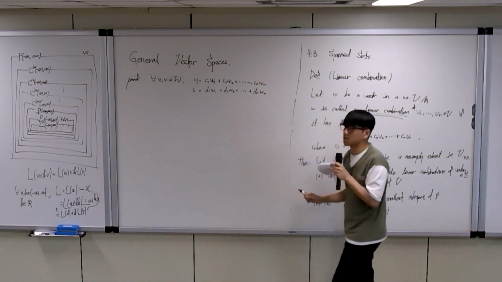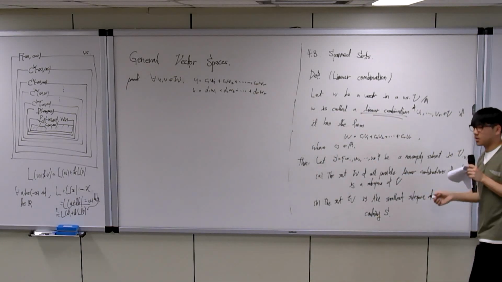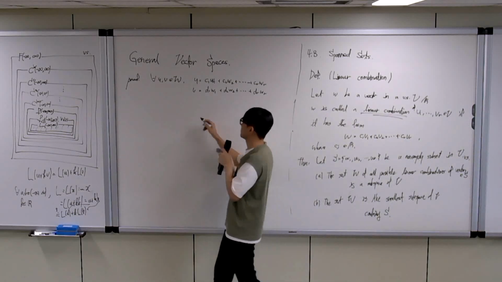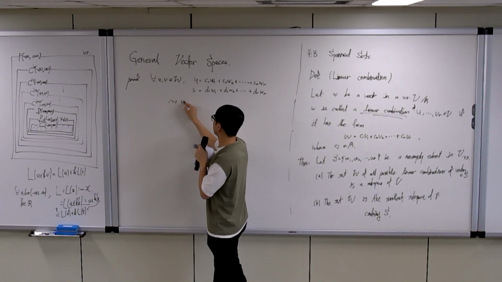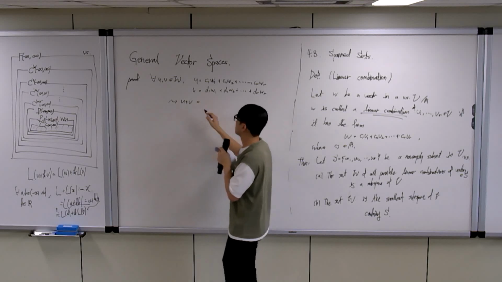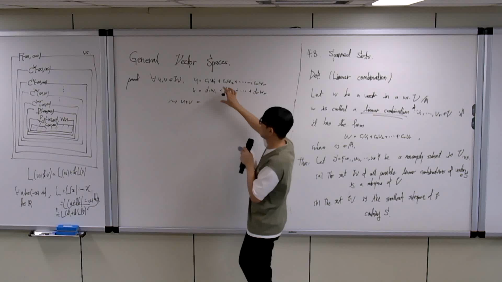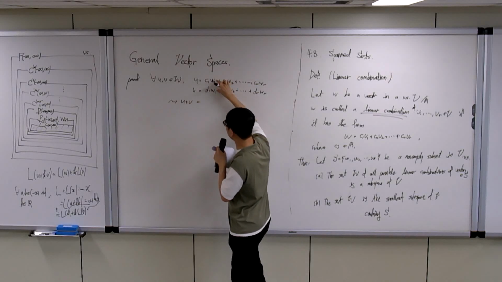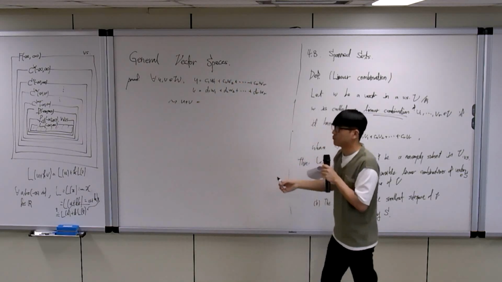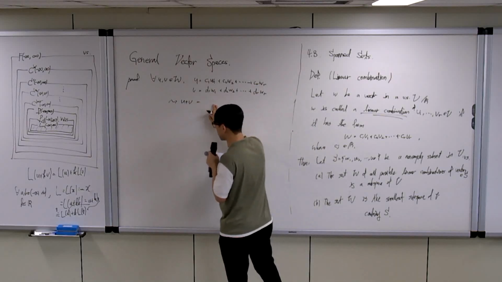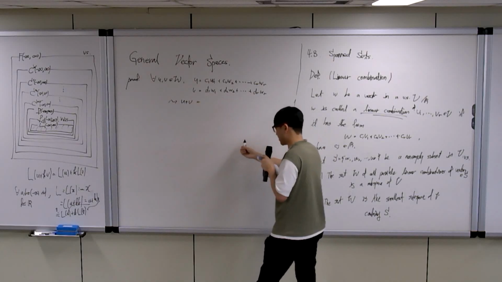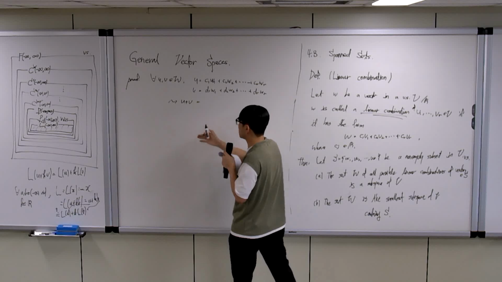In this sense, we defined the addition of two vectors in vector space V, and it satisfies the associative and distributive rules.